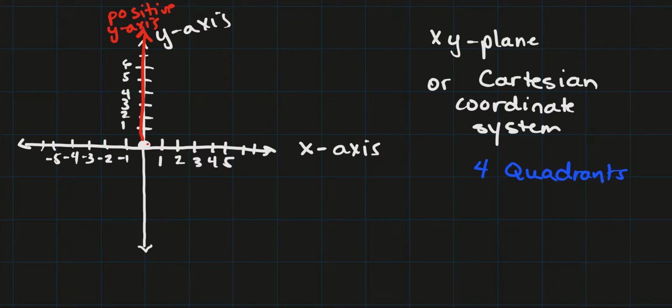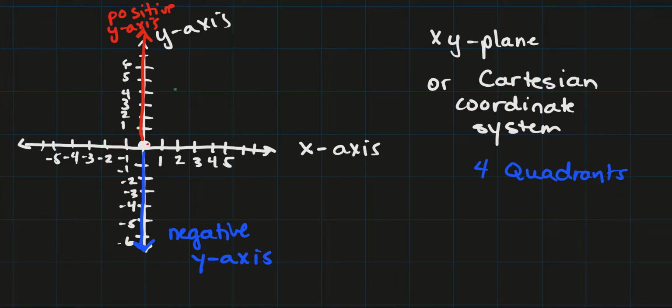And then of course you have the negative y-axis. And I'm going to put this one in blue. So this is the negative y-axis. Now this guy right in the middle, he's called the origin.